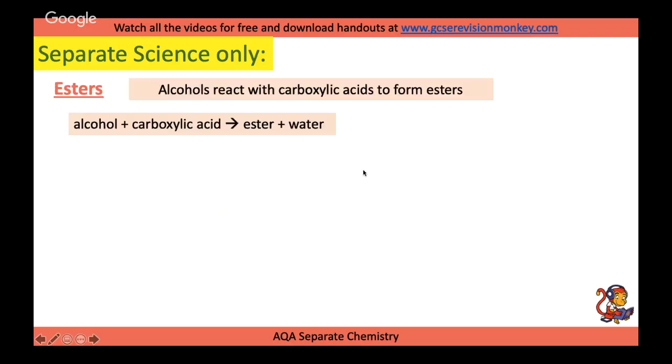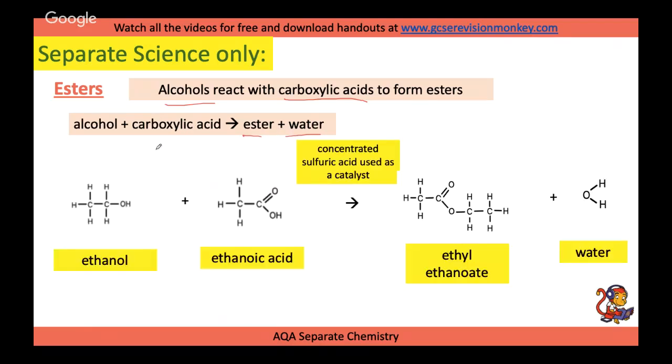To make esters, you react a carboxylic acid with an alcohol, and that will produce an ester and water. So, for example, if you had ethanol, you could react that with ethanoic acid in the presence of concentrated sulfuric acid, which is used as a catalyst in the reaction, to produce an ester plus water.